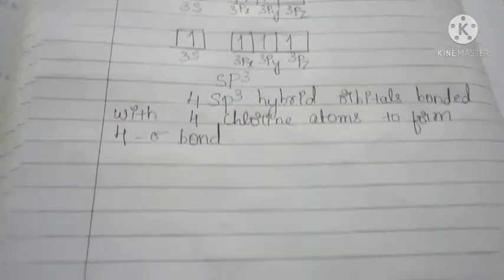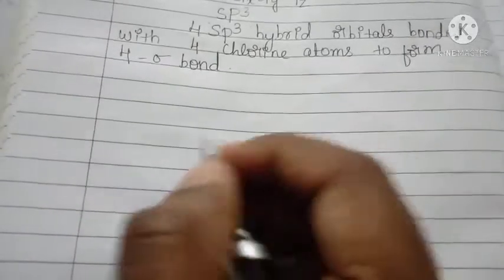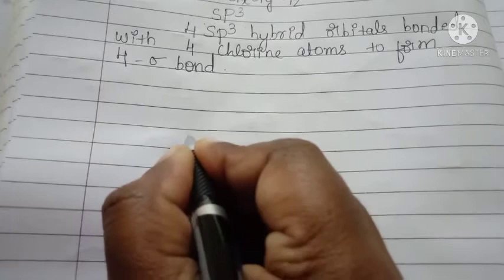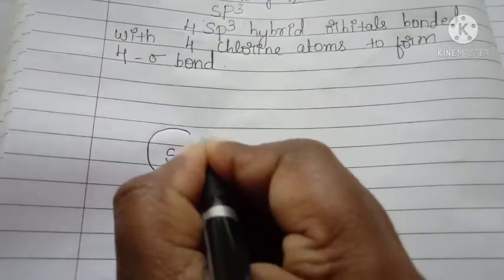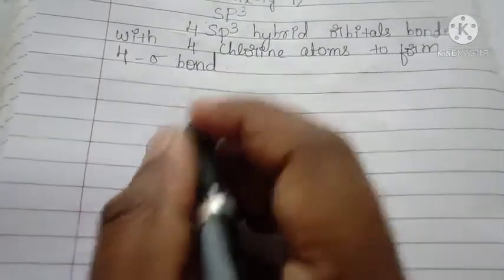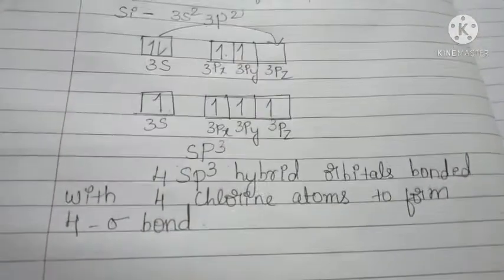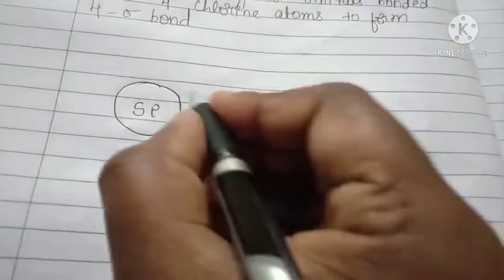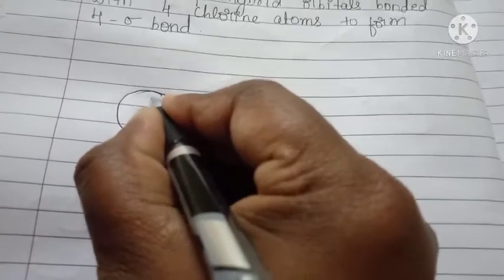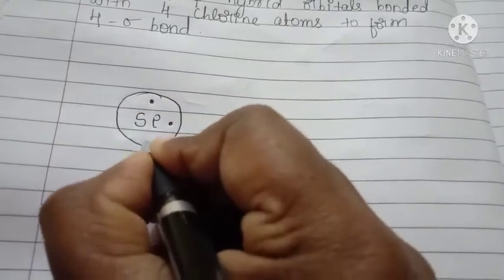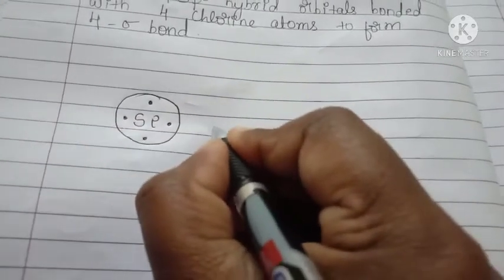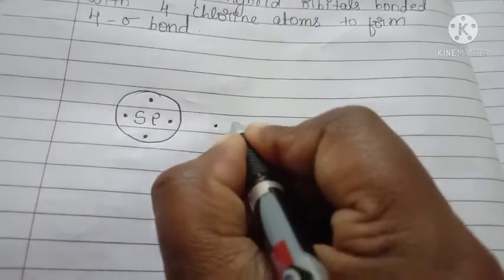Then we move on to the structure. Here this is the silicon. How many orbitals are present in the outermost shell? 1, 2, 3, 4. Next, the chlorine atom.